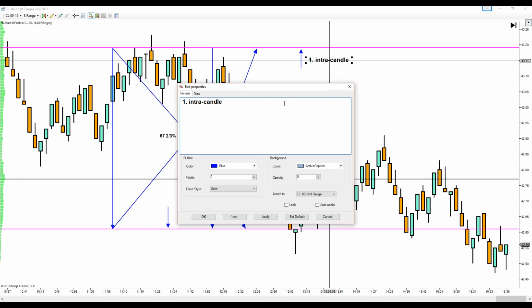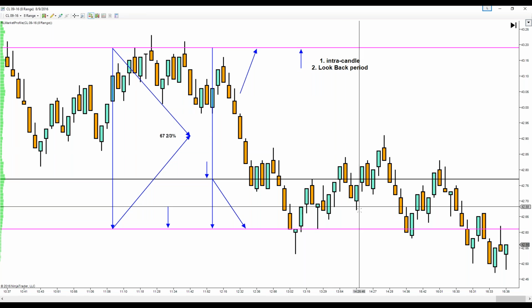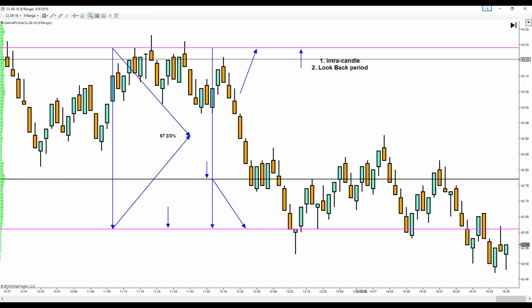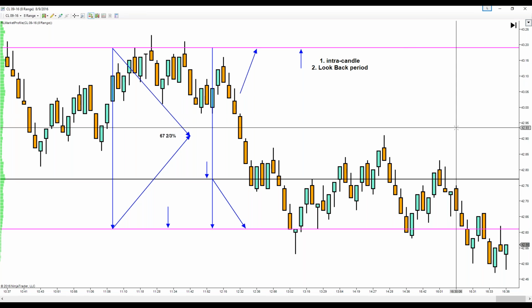Two, is the look-back period. Now, market profile can be modified to look back, to create a market profile based on 1 day of data, based on 5 days of data, and you'll see other platforms where they'll have a histogram that's 1 day, 5 days, a month.